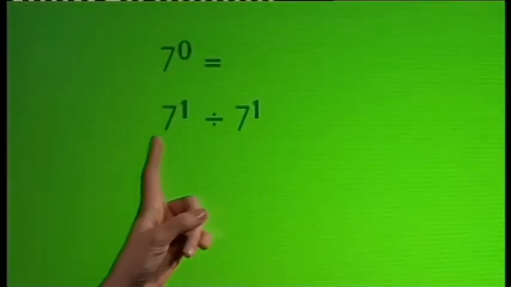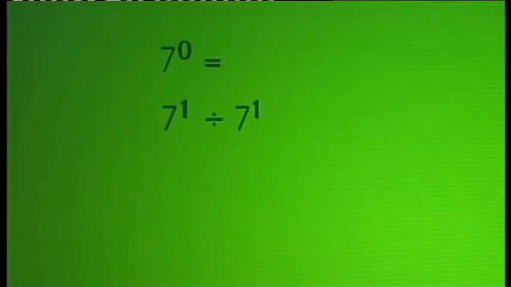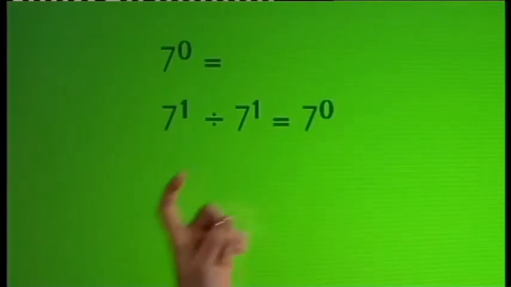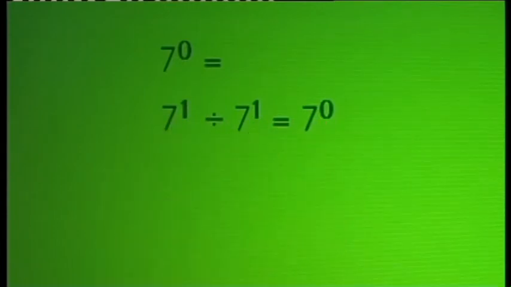What do you think 7 to the power 0 is? Well, here's a way to find out. Think of a division sum that will give the answer 7 to the power 0. Now I've chosen 7 to the power 1 divided by 7 to the power 1. When we use the rule, the answer is 7 to the power 1 minus 1, which is 0.